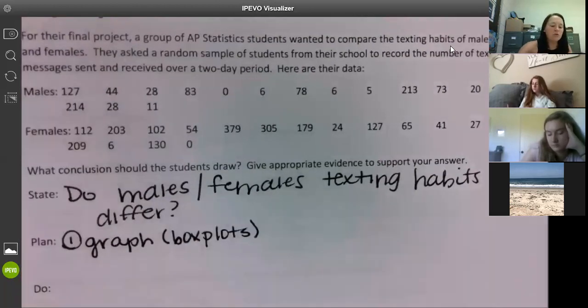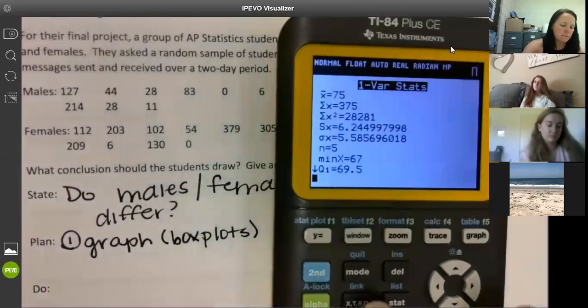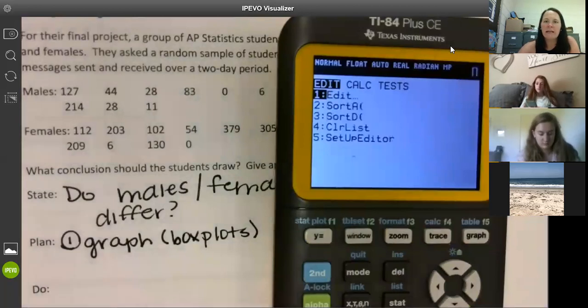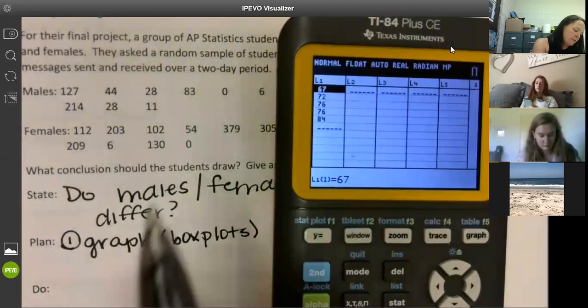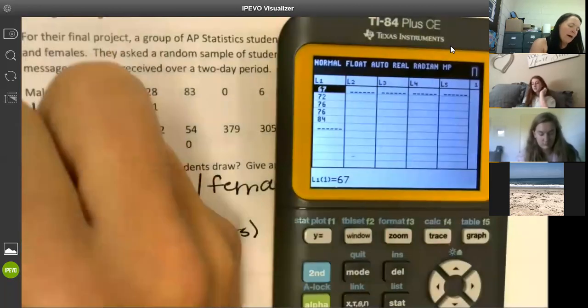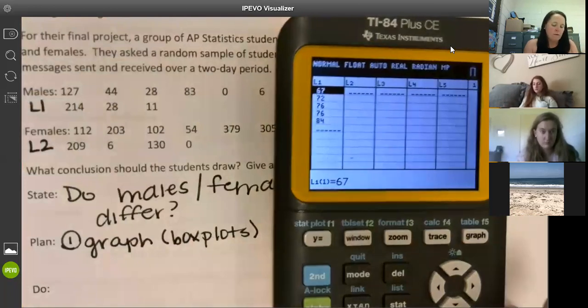Let me show you how to do 2 at one time, okay? So I said you're going to have your calculator. We're going to go into stat and we're going to edit. And I'm going to put the males in L1. So this one's going in L1. I'm going to put females in L2. So I'm going to pull my calculator for a minute so I can type.